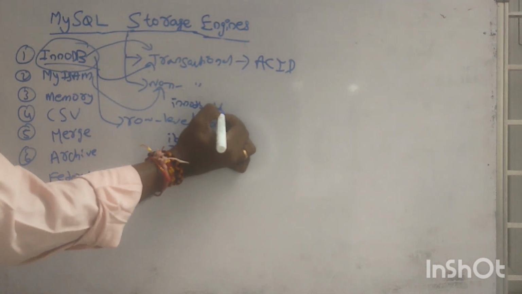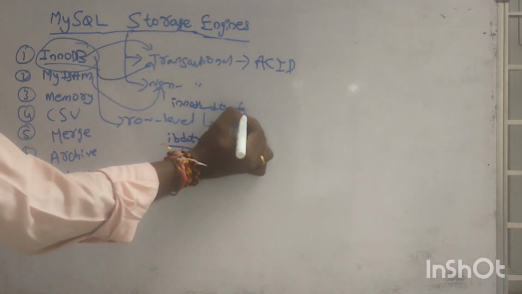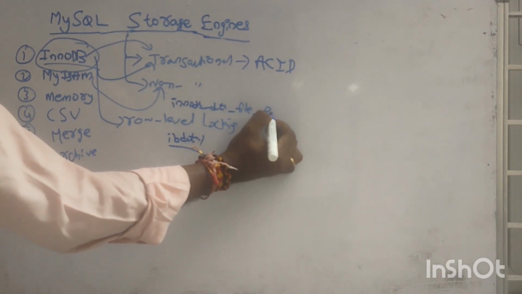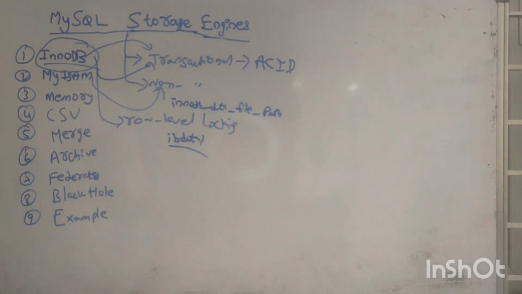This is the parameter where we define the size and number of data files for the default system tablespace. We can also define an autoextend parameter for this data file.